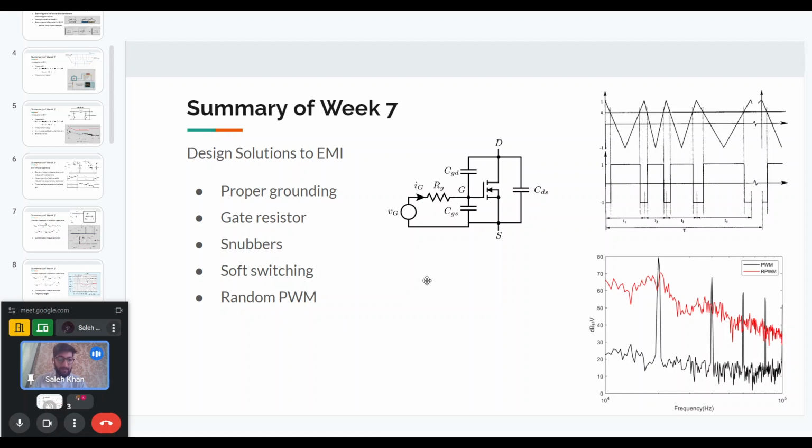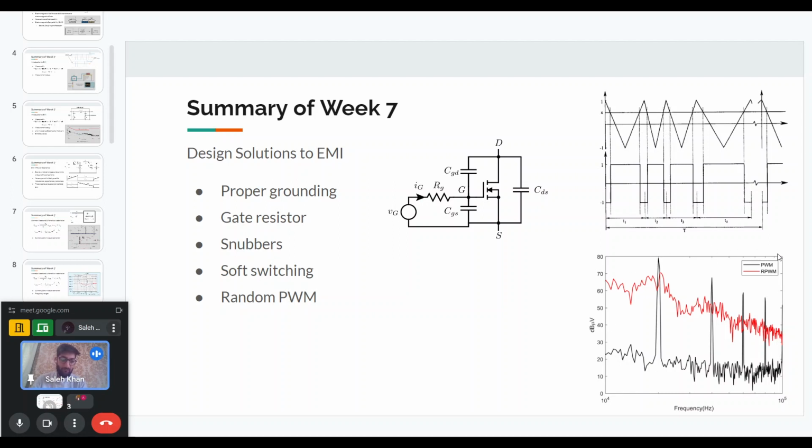But if we vary the switching frequency itself in a random fashion, so that different cycles have different periods and therefore different frequencies, then the noise will not be focused on a particular frequency, but will be diffused over different frequencies.